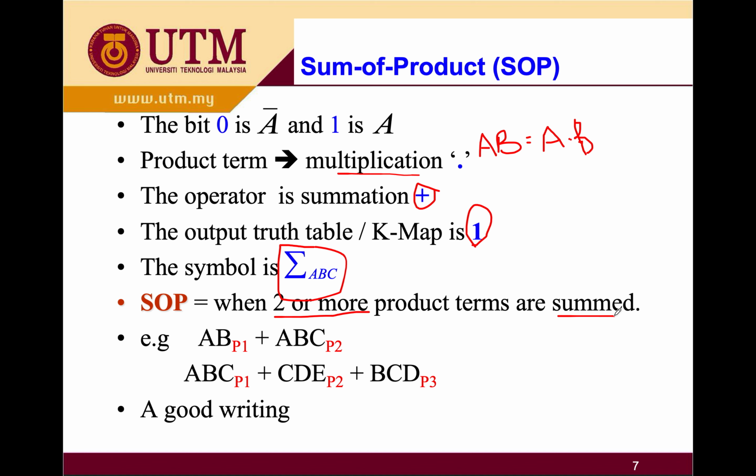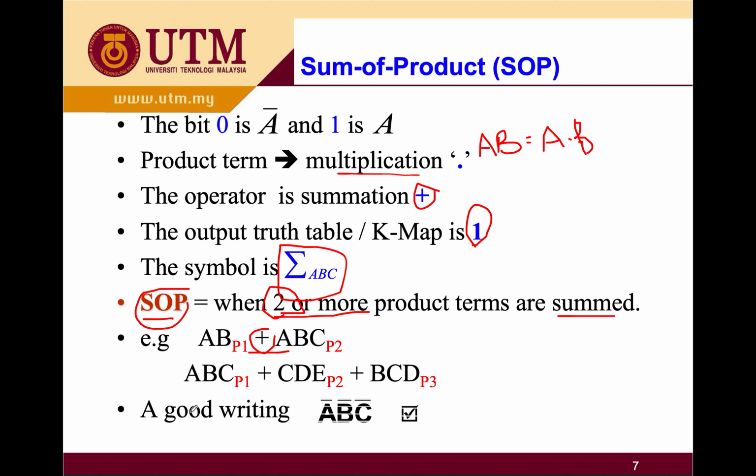So basically if you have two products, then it's called SOP, and if you have more than two, it's also called SOP. So the minimum is when you have two products or more, then you sum, then it's called a sum of product.